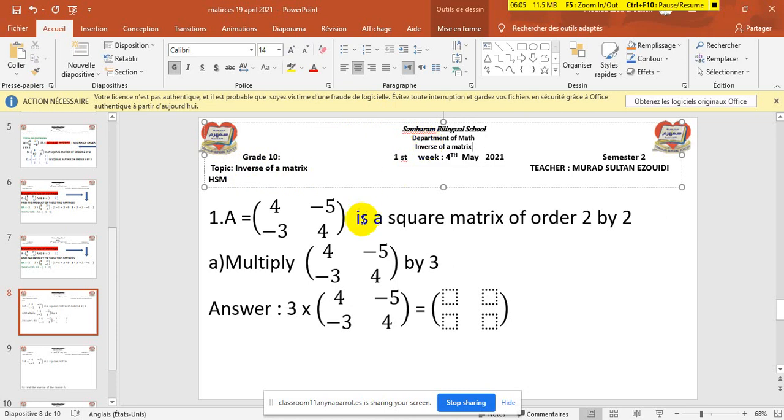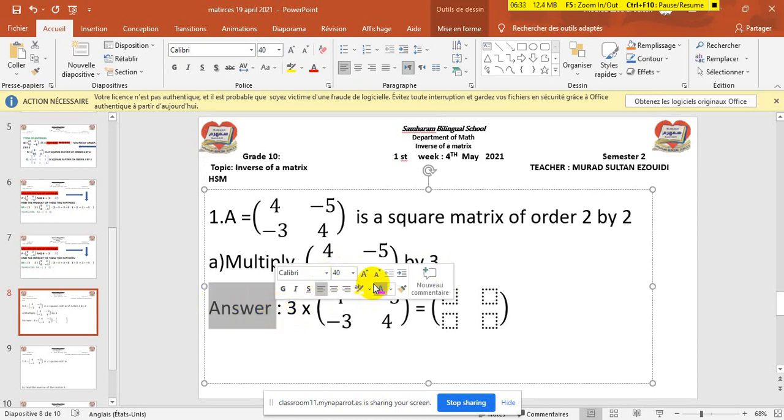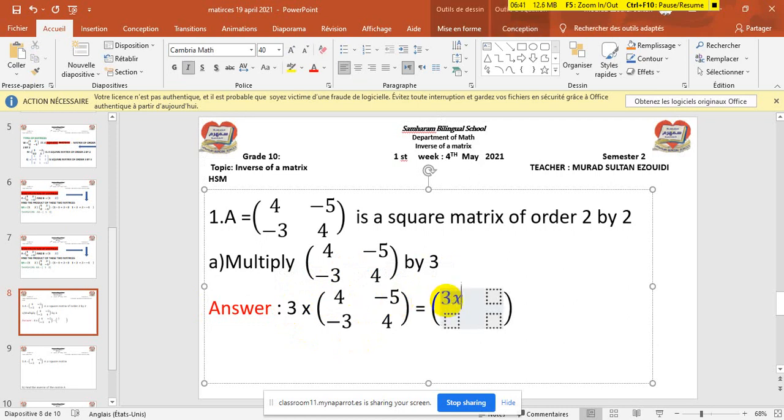So here we have a question. We wrote the matrix A, 4, -5, -3, 4, which is a square matrix of order 2 by 2. The first sub question A: multiply this matrix by 3. You will just write the answer. You will do like that: 3 multiplied by 4. Why?